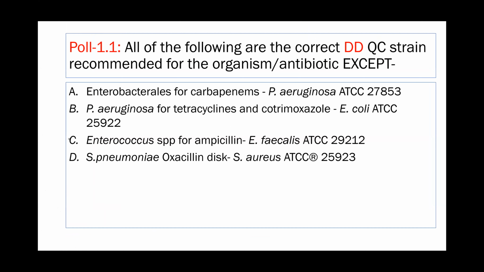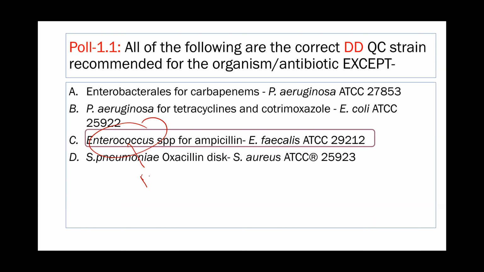Here the wrong answer is option C, because for Enterococcus, if you are doing a disk diffusion test, then the Staphylococcus aureus ATCC strain would suffice. Only when you do an MIC-based test for Enterococcus do you have to follow the Enterococcus faecalis ATCC strain. This is the crux which you need to understand.